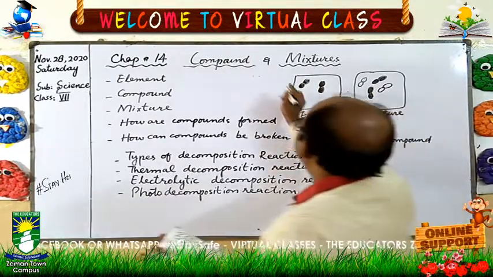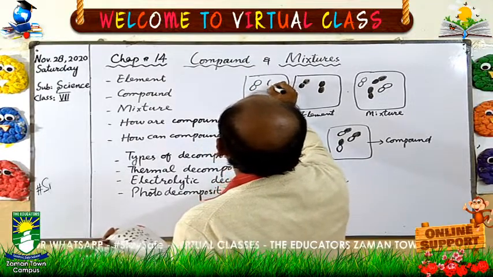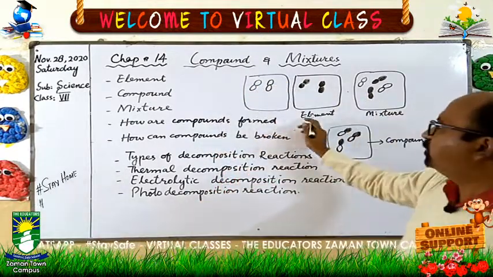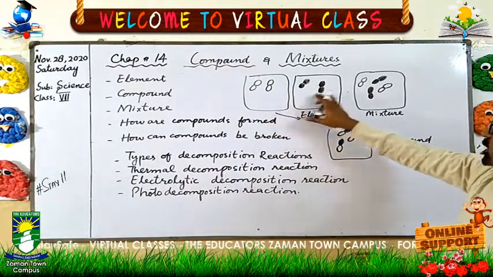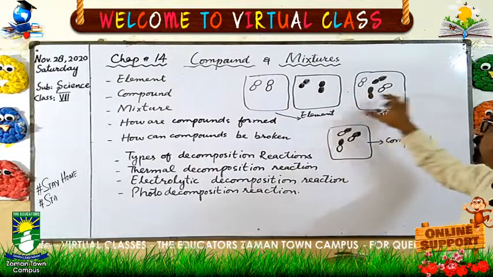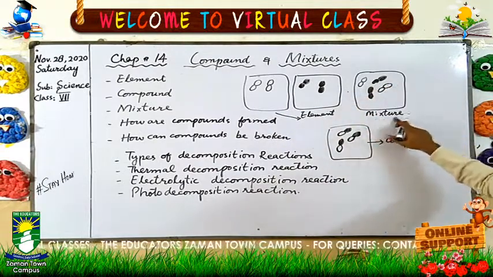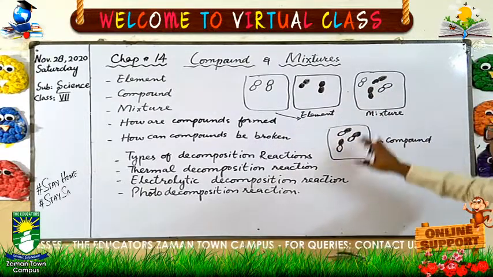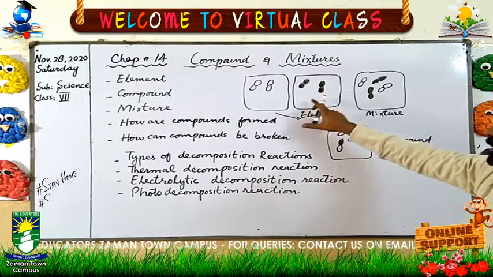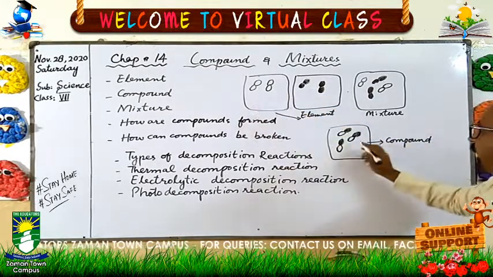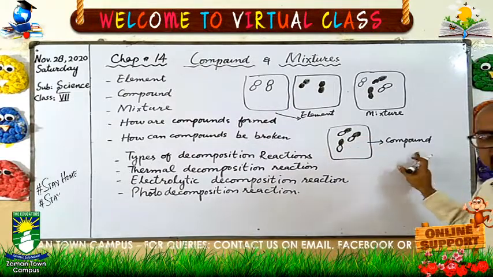This is an element, this is another element. Now this element and this element are mixed together, but they remain separate. This is called a mixture. Now in the third form, one atom of this element and another atom of this element are joined together by a chemical reaction. This is called a compound.